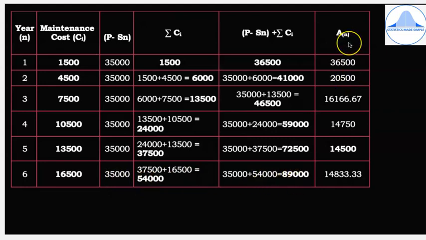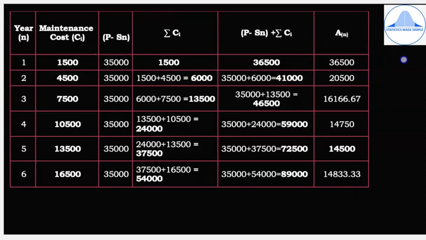Now I will show you the calculation for the last column, that is An. We know that the An formula is P minus Sn plus summation Ci, divided by the corresponding year. As an example, for the year 1, it will be 36,500 divided by 1, which is 36,500.